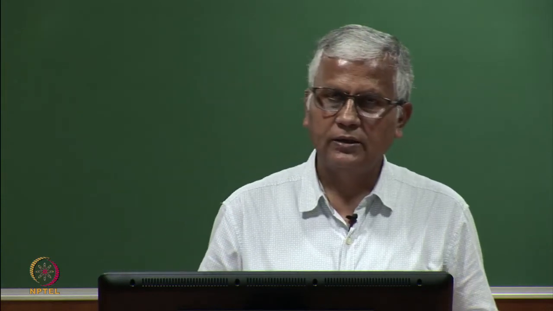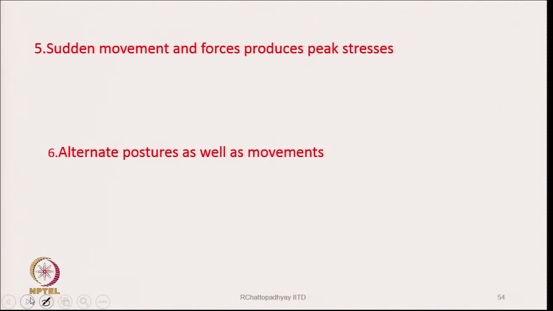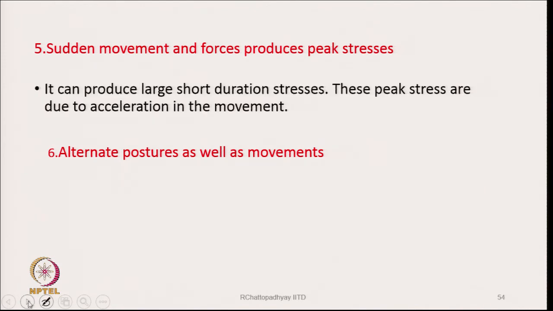All such movements should be avoided in the design of the equipment with which the person is going to work. So, alternate or sudden movements and forces produce peak stresses. It can produce large short duration stress if there is a sudden, jerky movement. This also is not good.